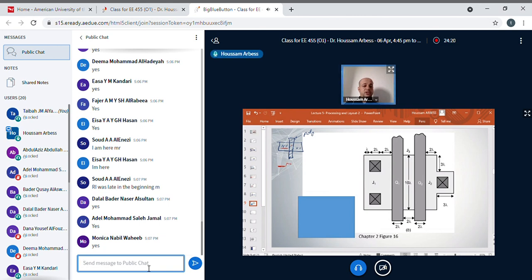Then I have the polysilicon. The polysilicon is always the gate. So drain or source, gate, then drain or source. Here is the layout, and here is the schematic circuit of this layout. By this way we can extract the schematic circuit.